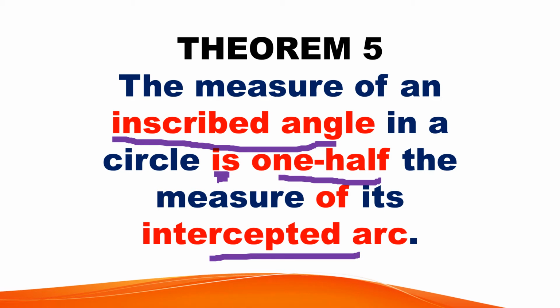So, si inscribed angle, yung angle na nasa circumference ng circle, ay kalahati lang ng kanyang intercepted arc. So, pag hinati mo si intercepted arc, yun yung magiging sukat ng inyong inscribed angle.